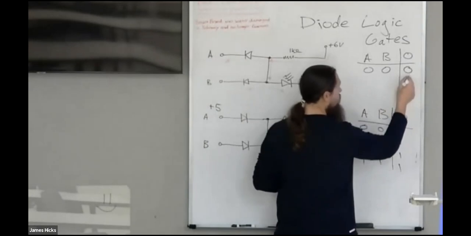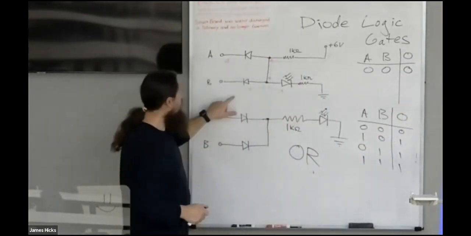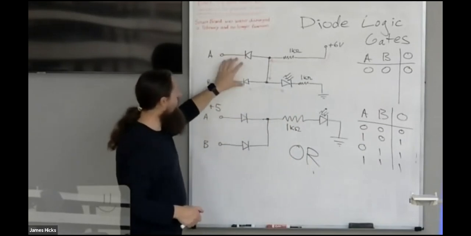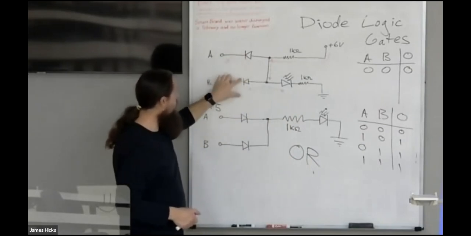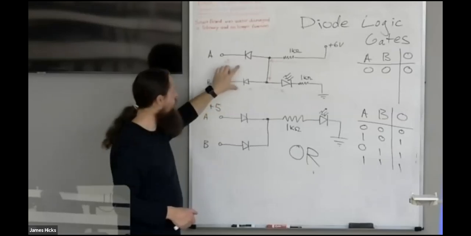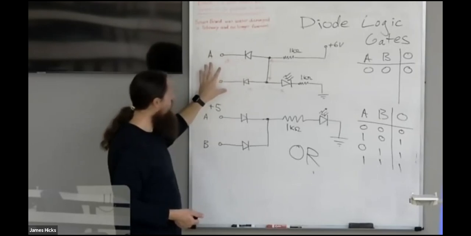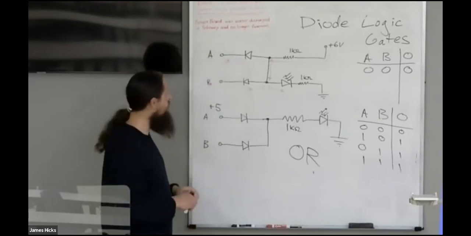So that stays off. So in this top circuit, these two gate diodes are essentially there to let current go through or not.